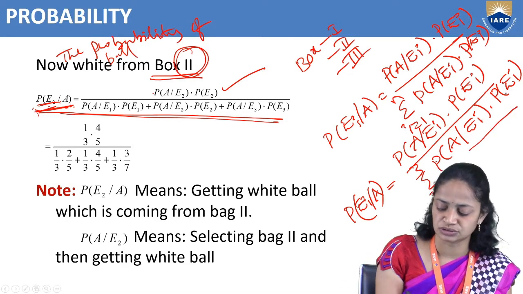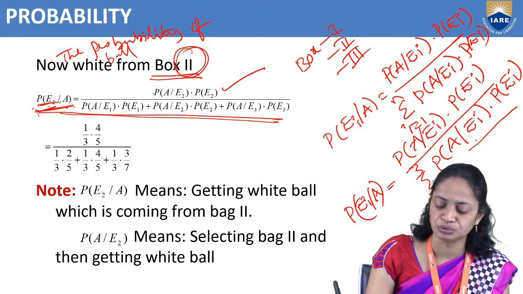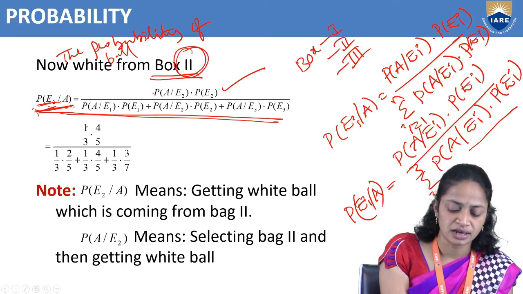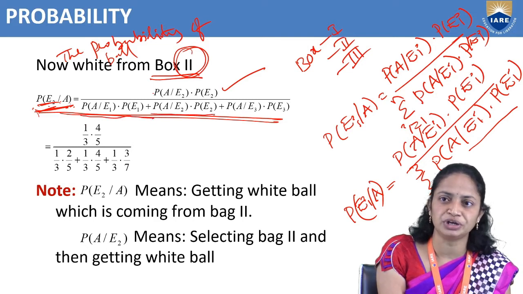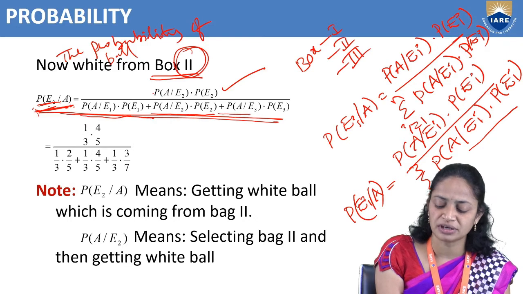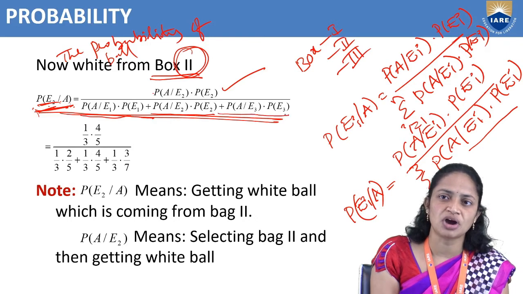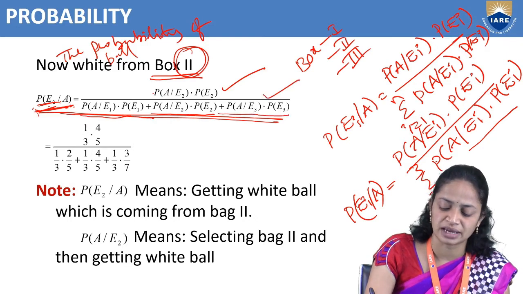Substituting I equal to 1, 2, 3, we get probability of A divides E1 into P of E1, plus probability of A divides E2 into P of E2, plus probability of A divides E3 into P of E3. So this is our main formula.